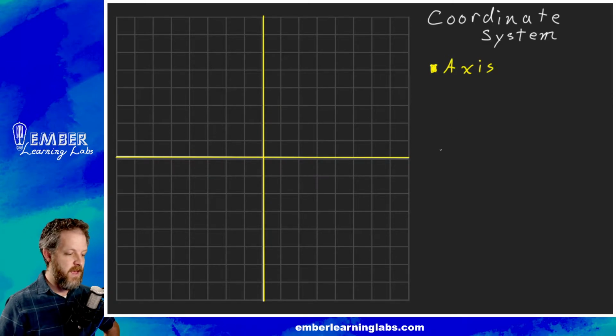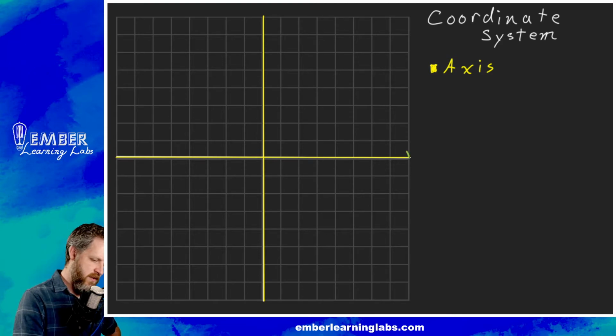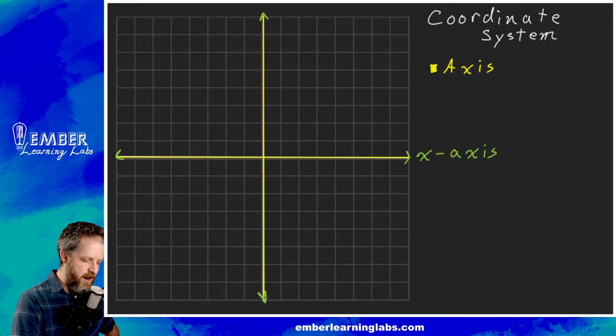This horizontal axis right here is the x-axis, and this vertical one right here is called the y-axis.